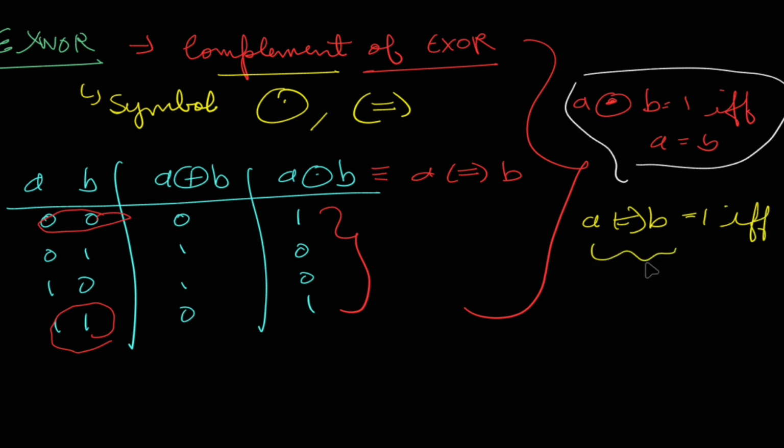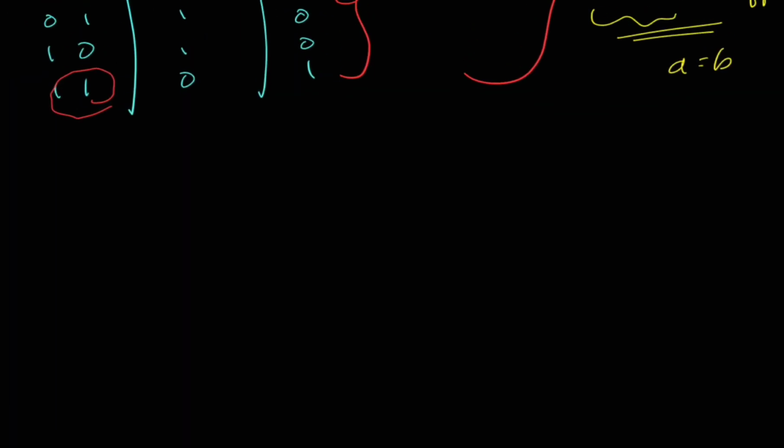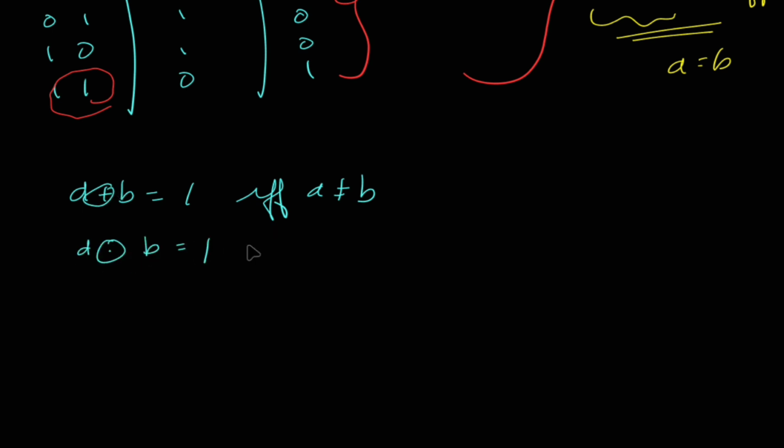So remember two things: XOR will be 1 if both are not equal, and XNOR will be 1 if both are equal.